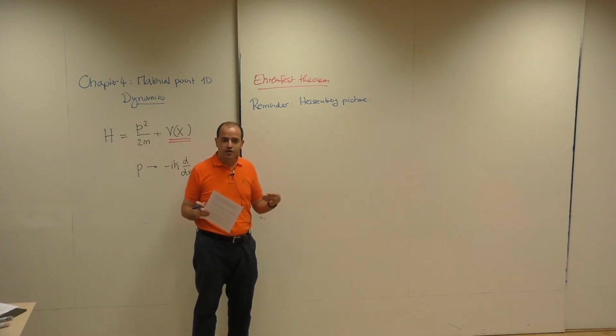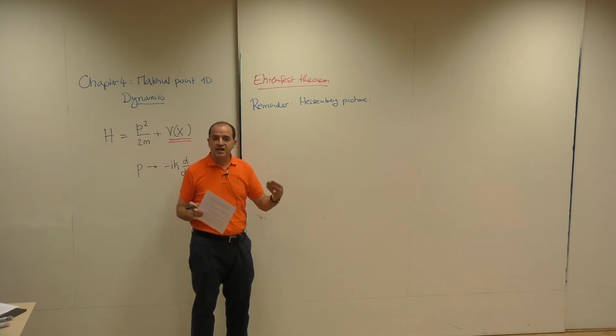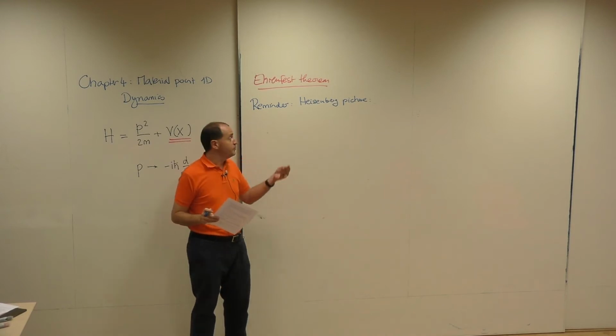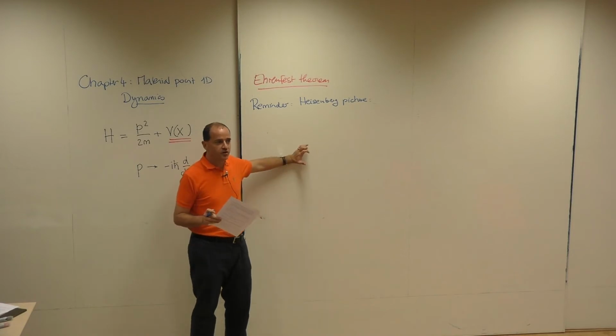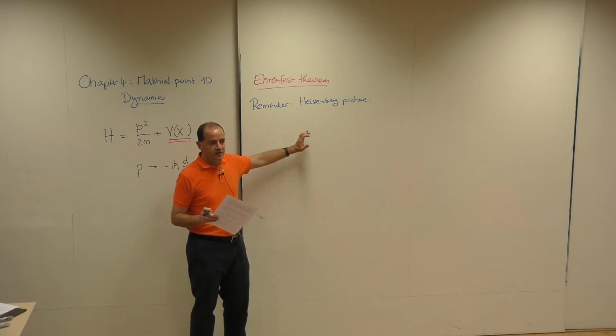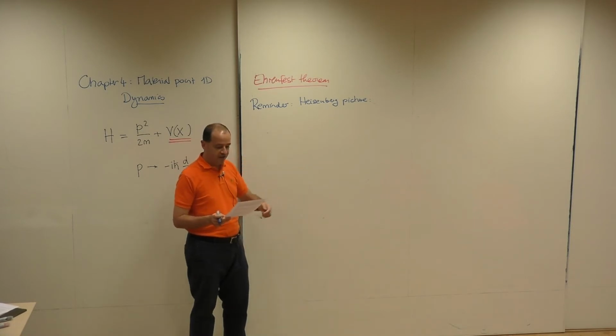But we could also look at the operators evolving and the state being fixed. So the Heisenberg picture is the one that we normally don't use in this course, where the operators evolve and the state is fixed. But for this theorem, you will see that it's very convenient. It gives a lot of physical insight to see what is happening if I go into the Heisenberg picture.